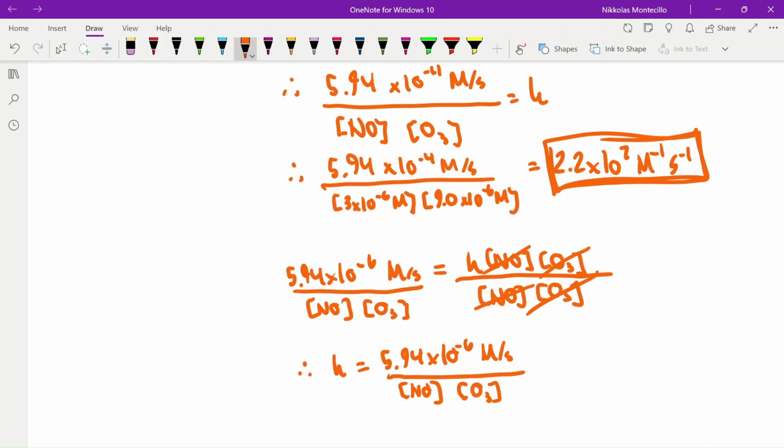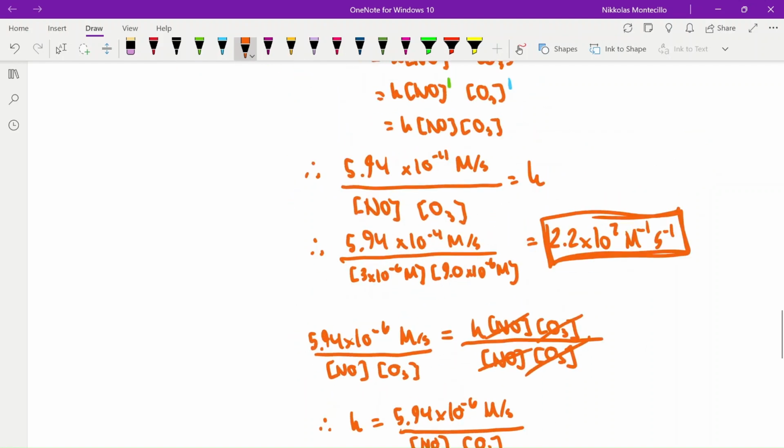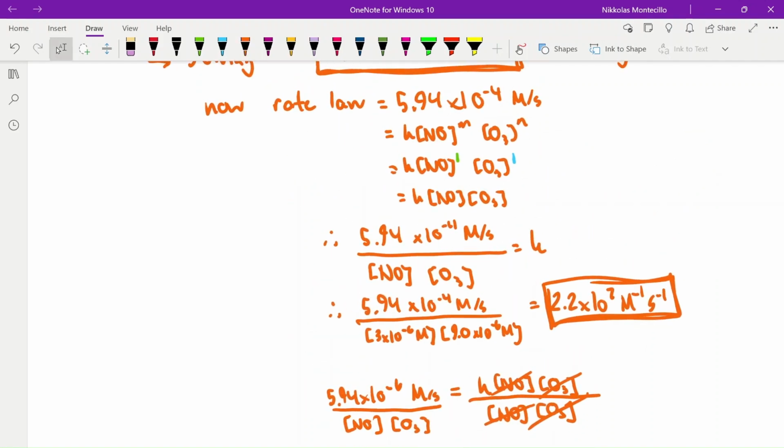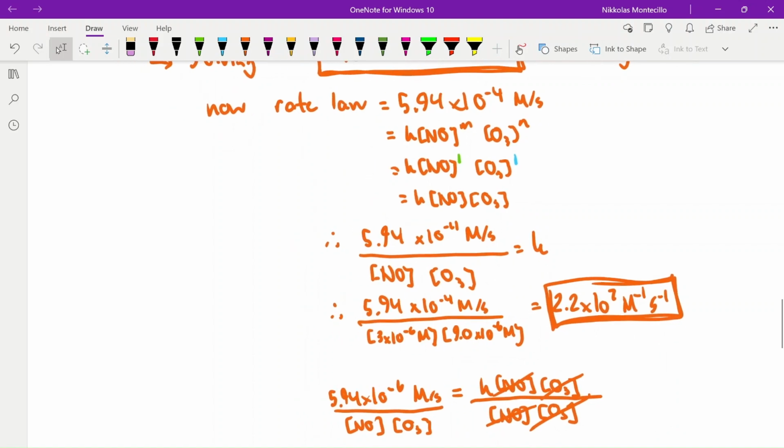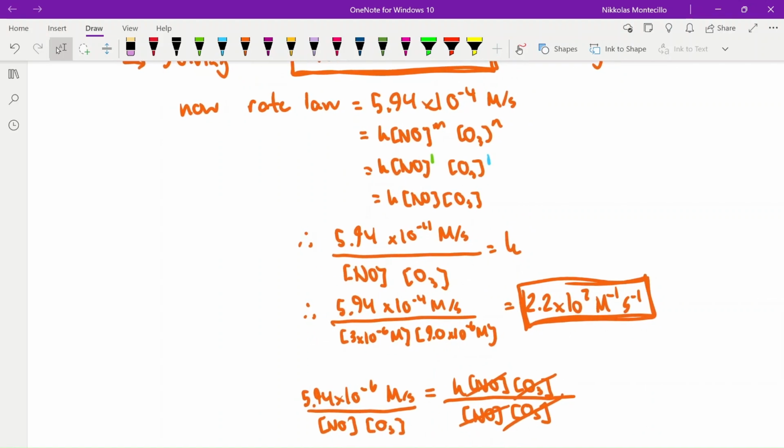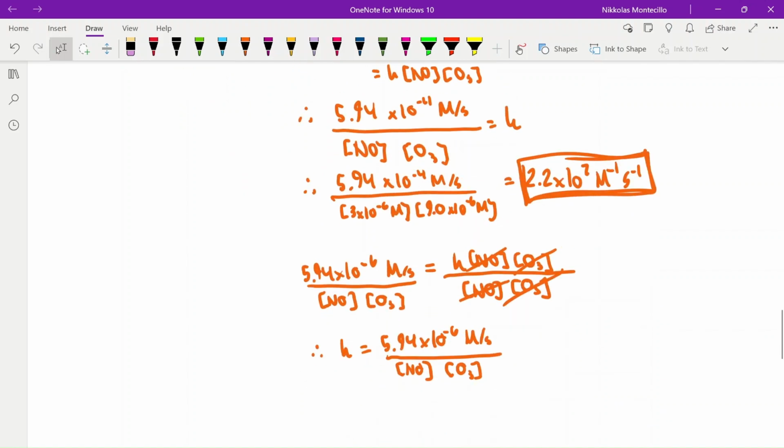That's what we got. And then you just plug in the values from trial 5, which is 3 times 10 to the negative 6 molar concentration times 9 times 10 to the negative 6 molar concentration. And then what you should get is 2.2 times 10 to the power of 7 inverse molar concentration per second.